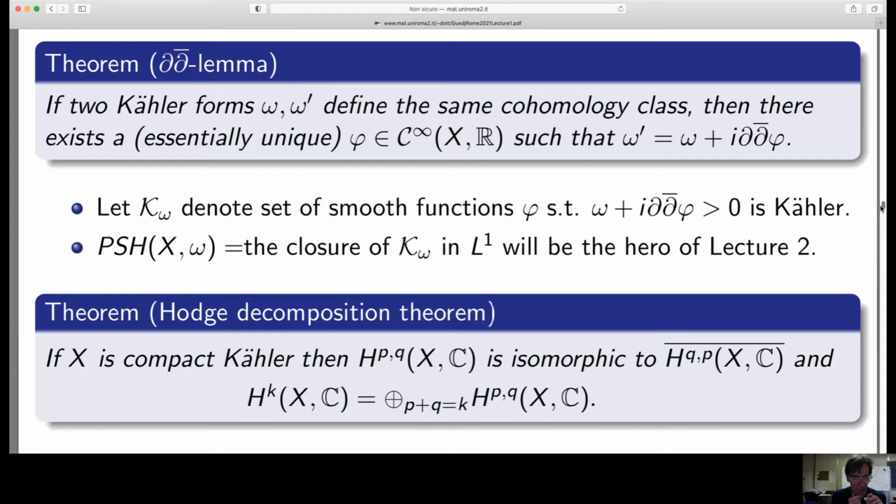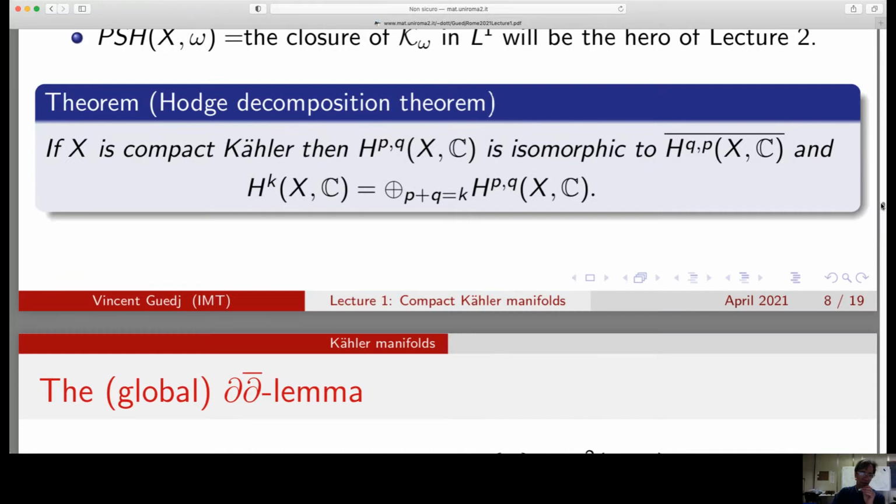That means that on a compact Kahler manifold, the cohomology of X with values in C is isomorphic to the sum over p plus q equal m of H^{p,q}(X,C), which is the q-th cohomology of the sheaf of holomorphic p-forms on X. Also you have a natural isomorphism between H^{p,q} and H^{q,p}, which is defined just by conjugation on the harmonic forms.